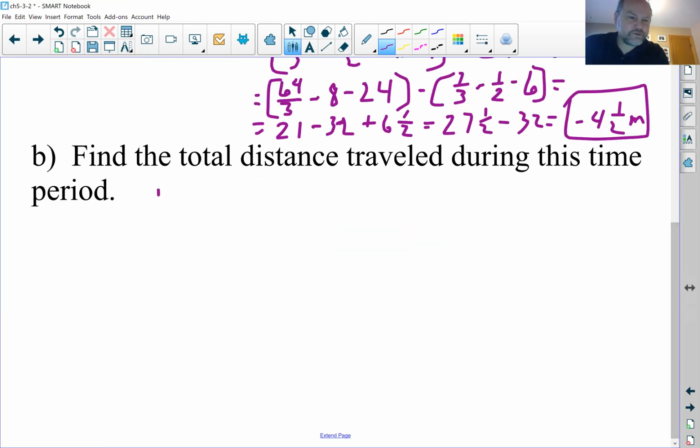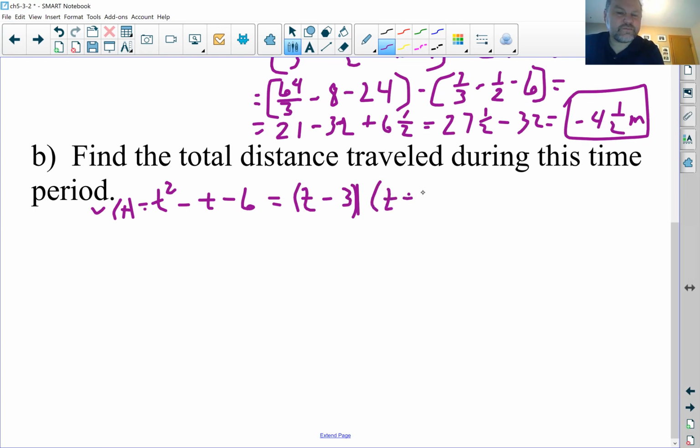And so, again, my velocity, minus t minus 6, factoring, we would get minus 3 and plus 2. So t equals 3, t equals negative 2.